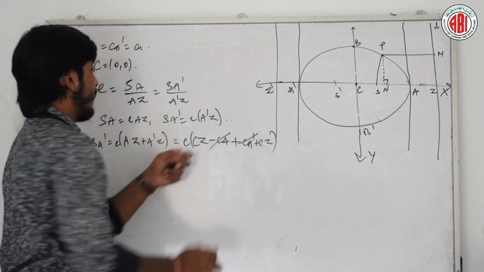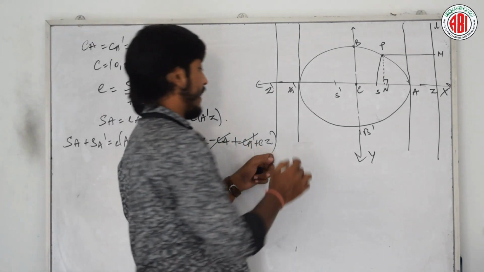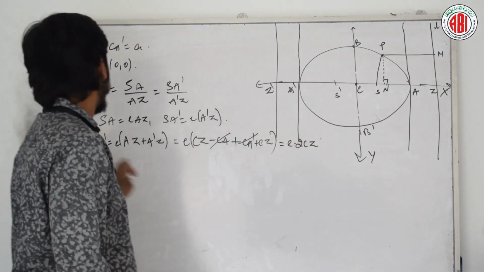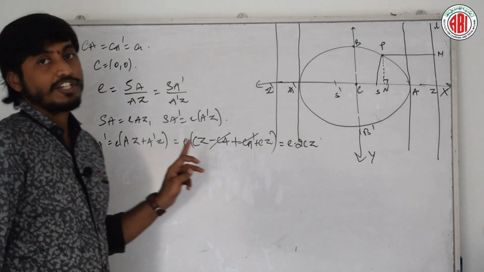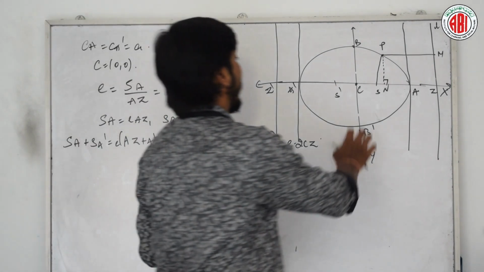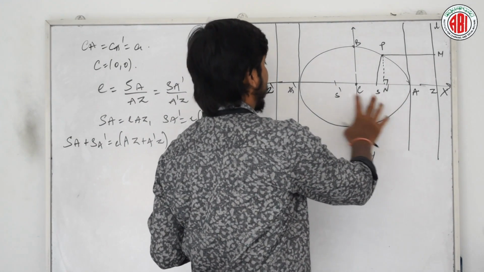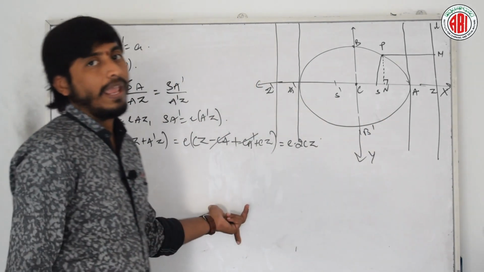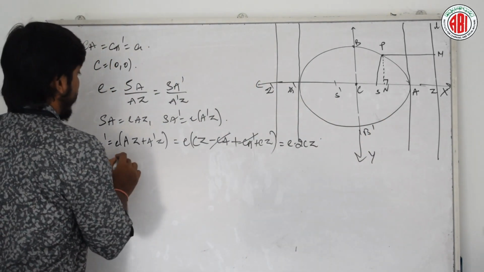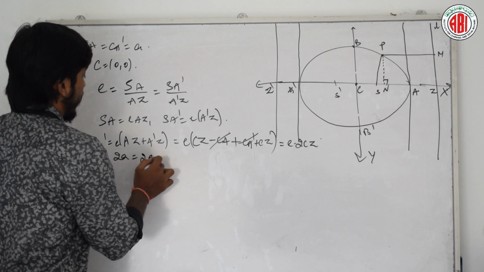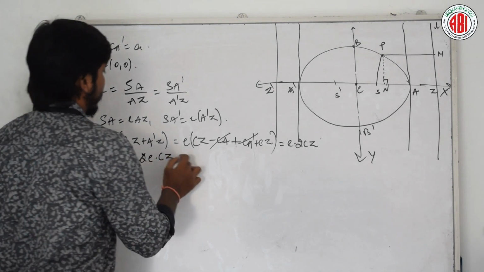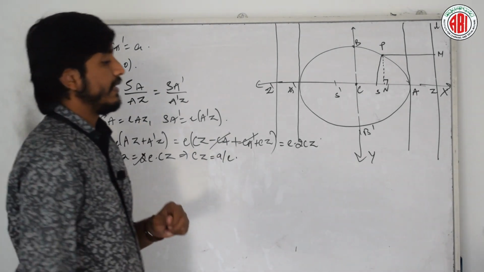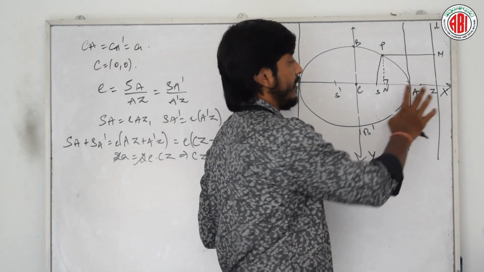So I will write it as 2CZ. What is SA plus SA dash? Just tell me. This is the total, which is 2a. Obviously, 2a equals 2e CZ. The 2 will get cancelled. I will get CZ as a by e.